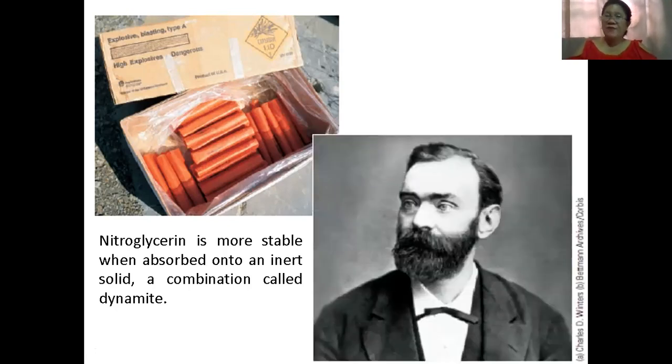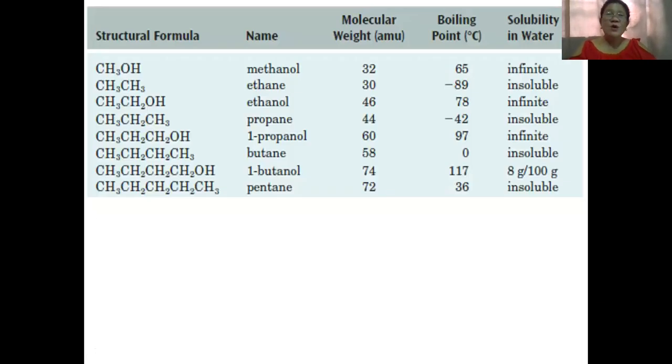It was Alfred Nobel. Okay, if you look into the structural formula of lower alcohols, this is methanol. What is its molecular weight? That is 32. Boiling point 65. No? Its solubility in water, it is infinite, meaning very soluble siya sa water.